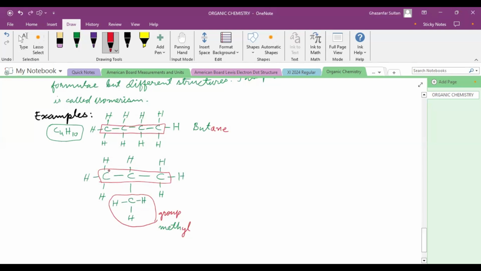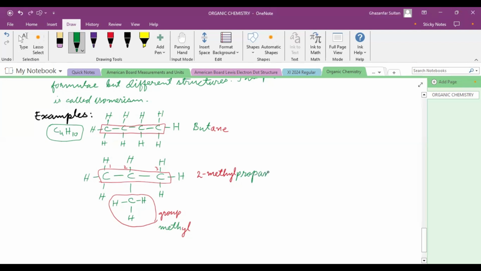So what is its position? We should mention its position from here: 1, 2, 3. It should have the least number. So either you number from here or from here, it has the same number too. So we will write 2-methyl, and the basic chain has 3 carbon atoms, prop, and all the carbon-carbon bonds in the basic chain are single.